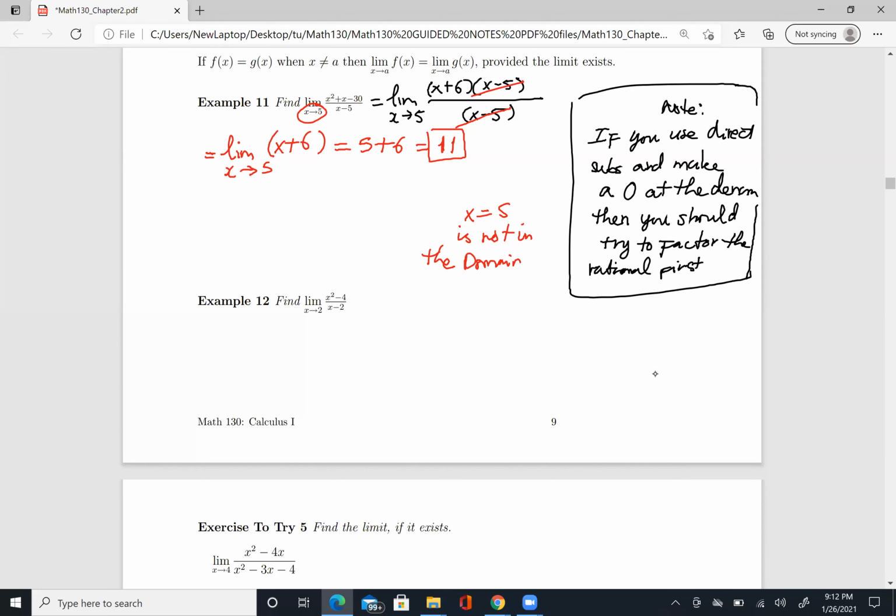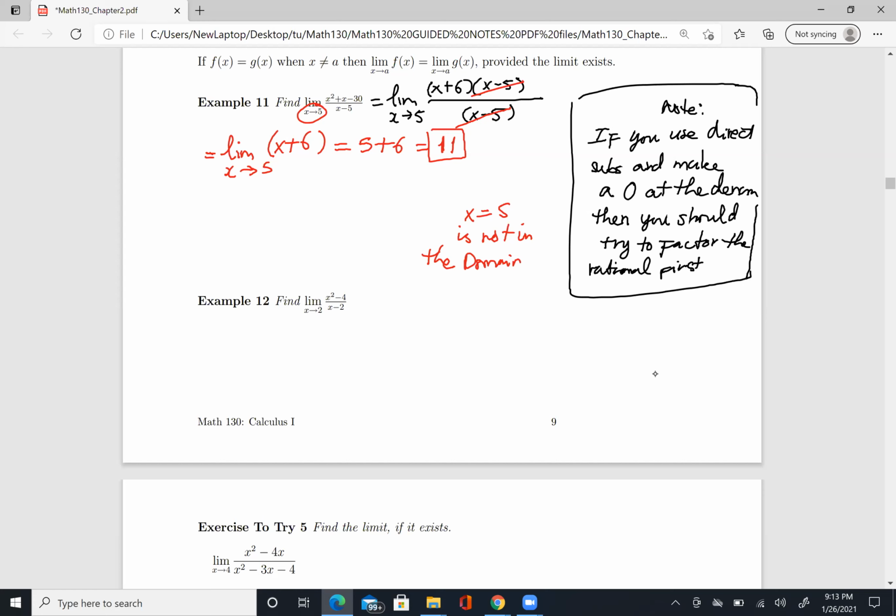So let's move to example 12. I have the limit of (x squared minus 4) divided by (x minus 2) for x approaching 2.